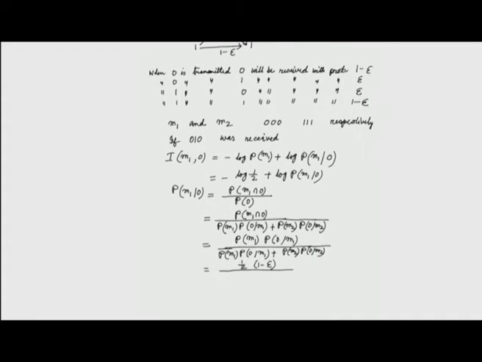So, given that M1 is transmitted, 0 will be received with probability 1 minus epsilon. So, this will be half into 1 minus epsilon. Now, in the denominator we will have probability of M1, same as whatever we are writing in the numerator. Now, the other one will be half into epsilon.